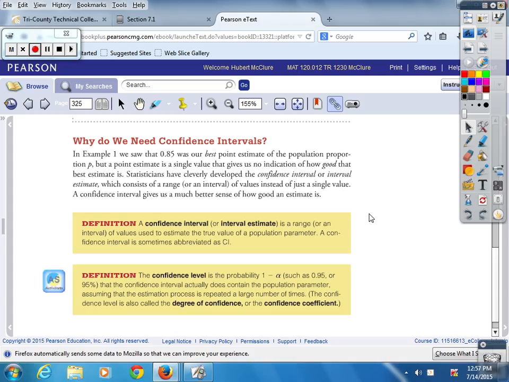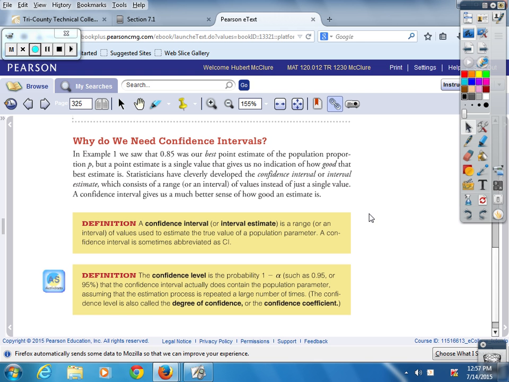A 95 or better. A confidence interval is basically telling the people that are looking at the presentation, we are sure of this. And if you are an executive with Michelin, you want to be sure that you're walking into a meeting with your ducks in a row.